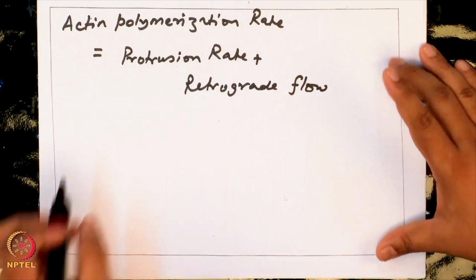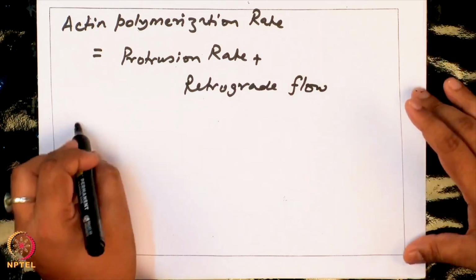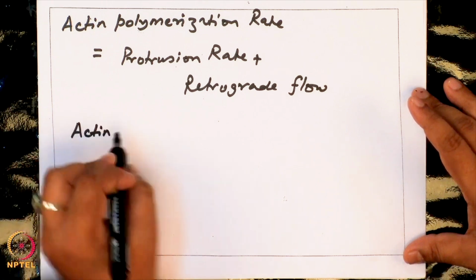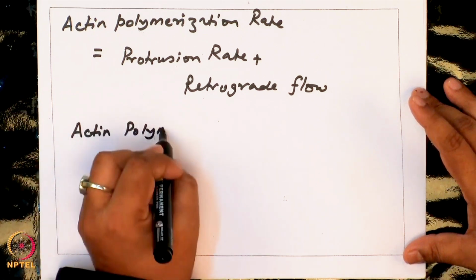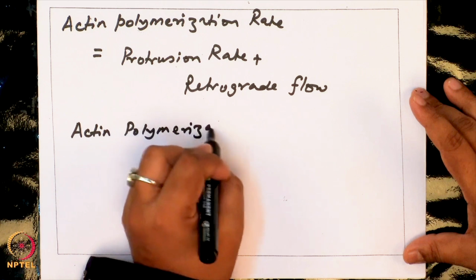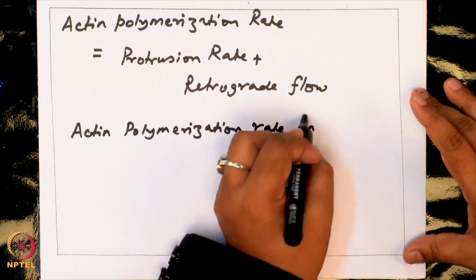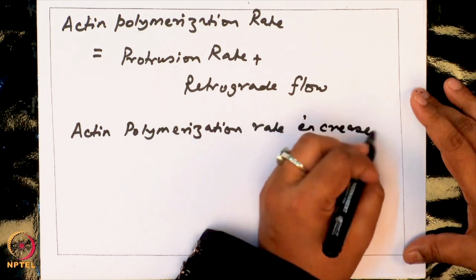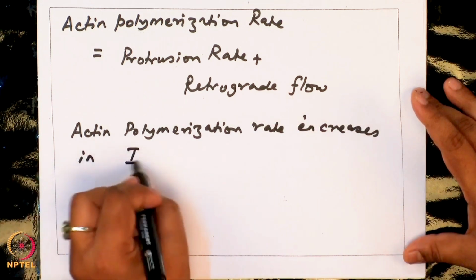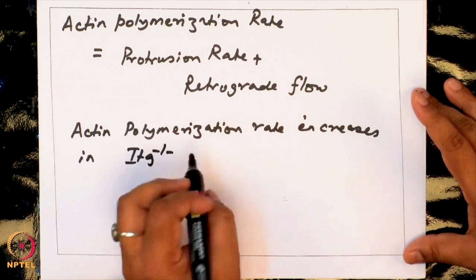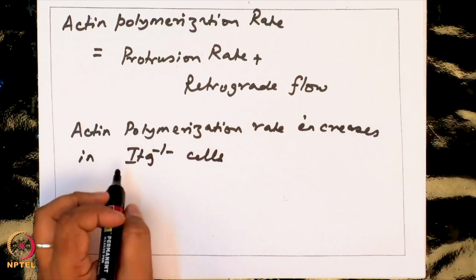If you do this, then what you would find is the actin polymerization rate increases in integrin null cells. So this is an adaptive response.